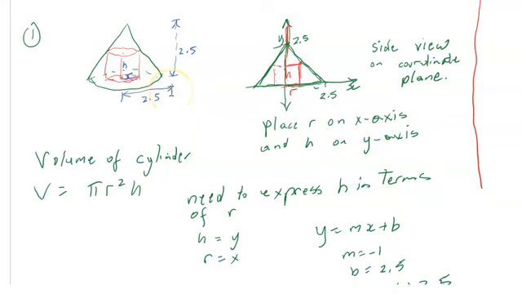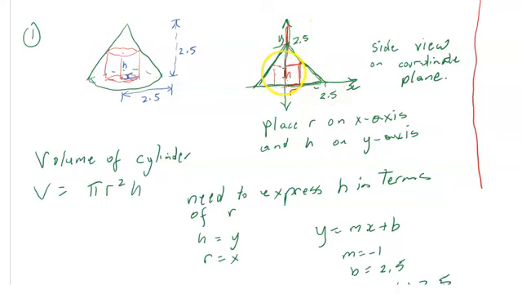Now, if we were to take the cylinder and take a sideways view of it, it will look something like this triangle. And if we place this on an XY coordinate plane, we could set up some measurements in it.